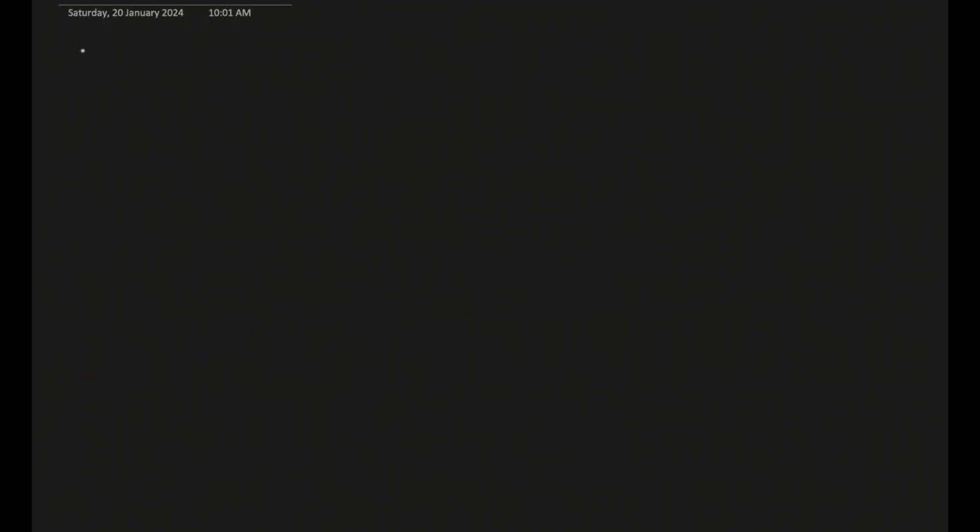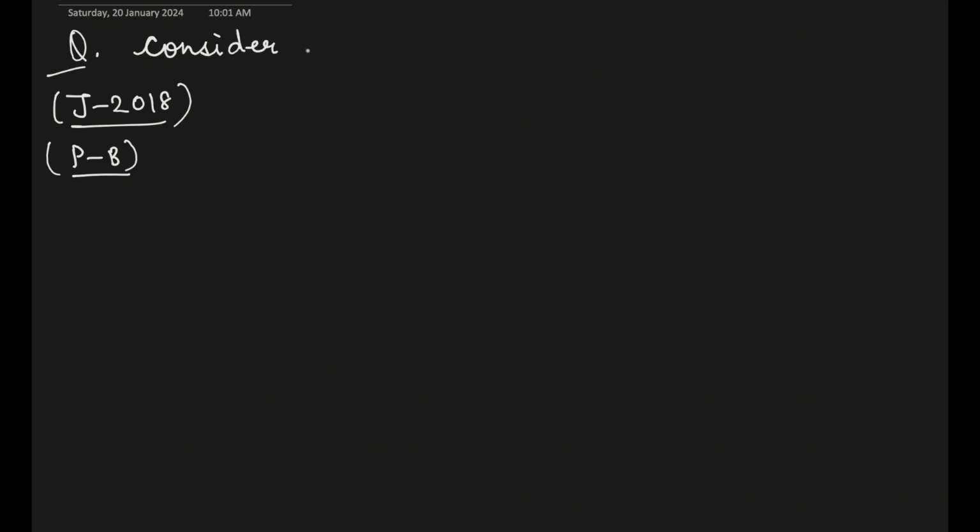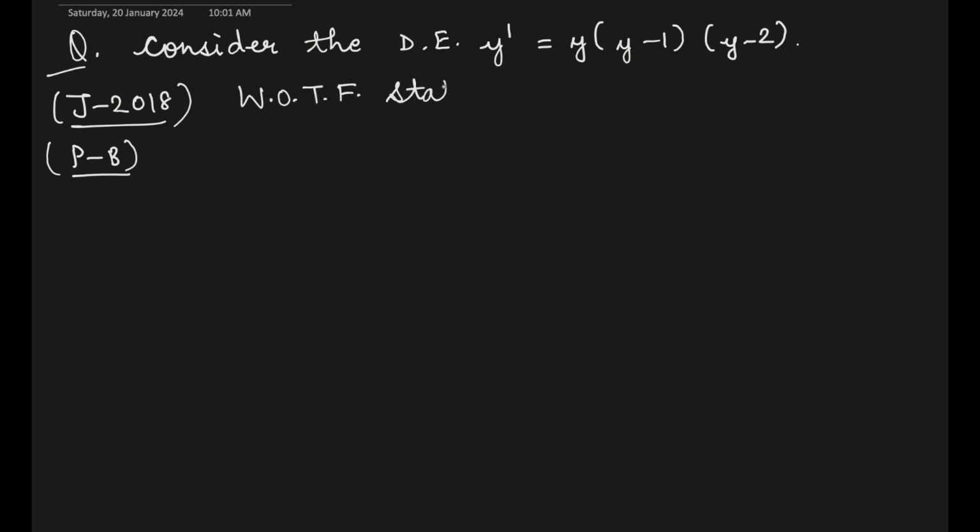Now let us discuss some previous year questions, because from this topic we can expect that a question can be asked. It is from June 2018. The question was from part B, means one option will be correct. Consider the differential equation y dash equal to y, y minus 1, y minus 2. Which of the following statements is true?